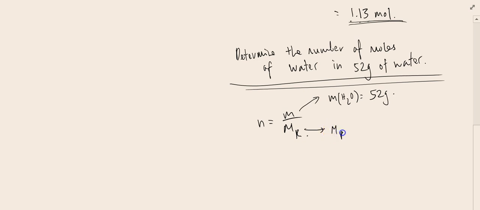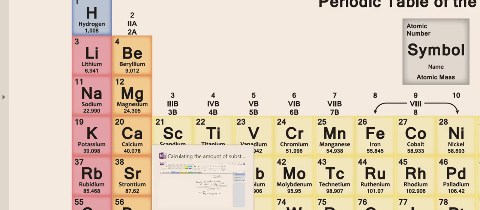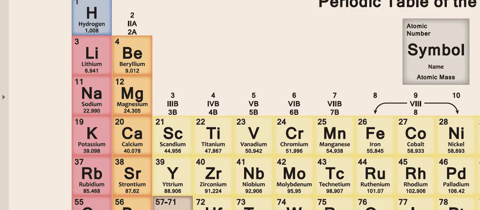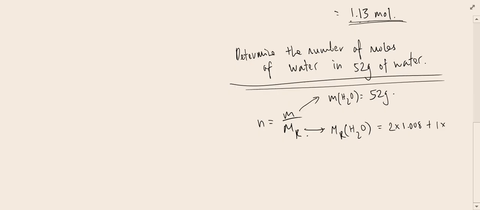The molar mass of water is going to be 2 times 1.008 plus 1 times 15.999, which is 18.015 grams per mole.